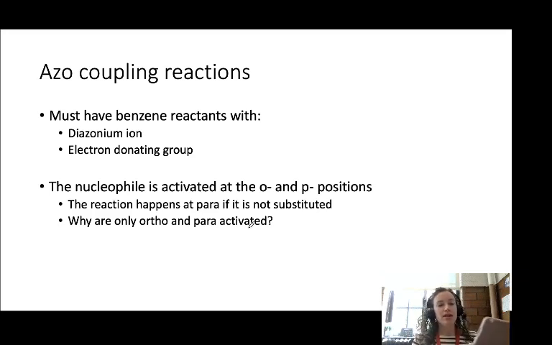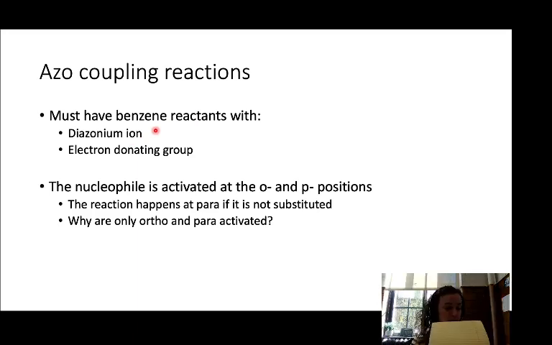So that was a pretty intense mechanism, folks. The mechanism or the reaction itself can be called an azocoupling. In order to do this type of azocoupling, we need something called the diazonium ion. So the diazonium ion was the one with the triply bonded nitrogen.